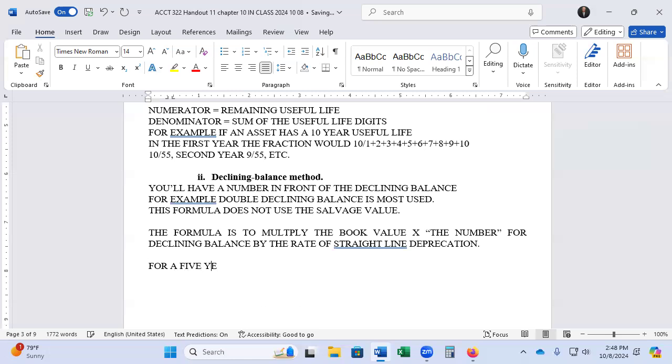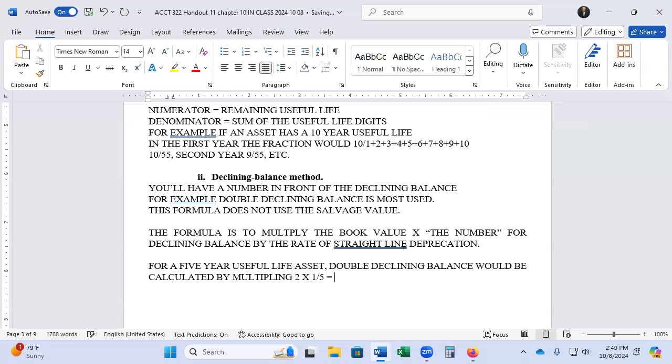So for a 5-year useful life asset, double declining balance would be calculated by multiplying 2 for the double times 1 divided by 5, because that's 1 year of depreciation for the straight line method.